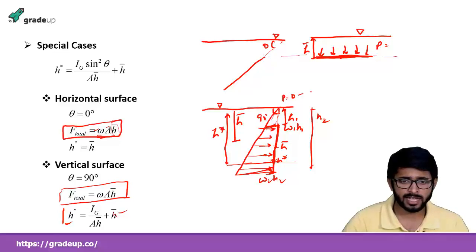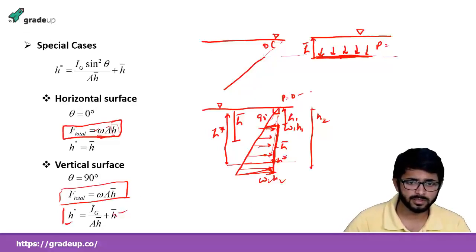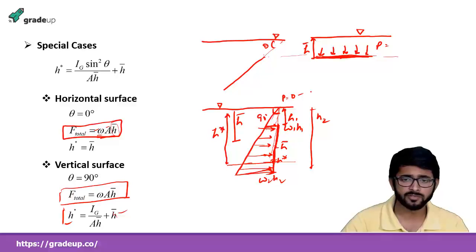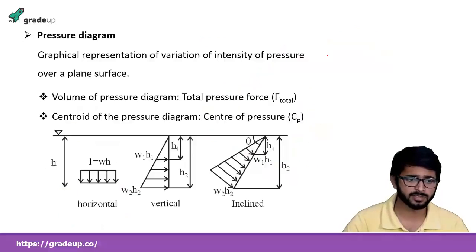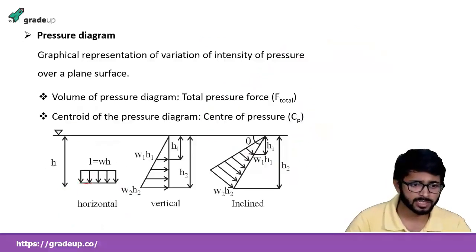Similarly, as I have talked about in this diagram, the pressure force is increasing in the vertical direction, and here the pressure force is constant in the horizontal direction. So in the horizontal direction the pressure is constant. It is P equal to omega H, where H is the height of this plate.